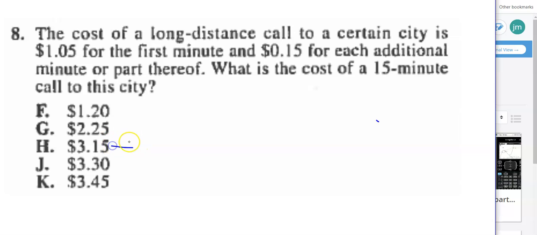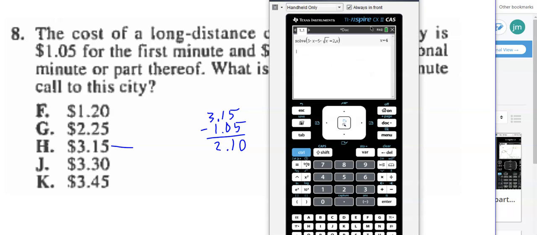So you could say, let's pretend the answer is 315. So if that was the case, you want to subtract, so 315 minus the cost of the first minute, which is 105. And so we get $2.10 left over. Let's divide that by 14.